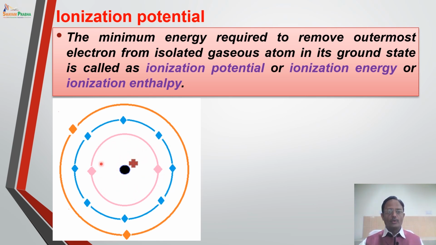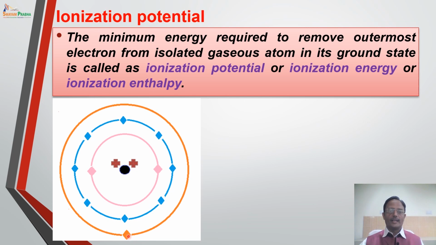Now if I want to remove the second electron from here, I will have to supply some energy again, and it is not same as the first one. This is, say, E2 amount of energy is supplied and the electron is removed from the outermost shell. Now the atom will acquire dipositive charges.